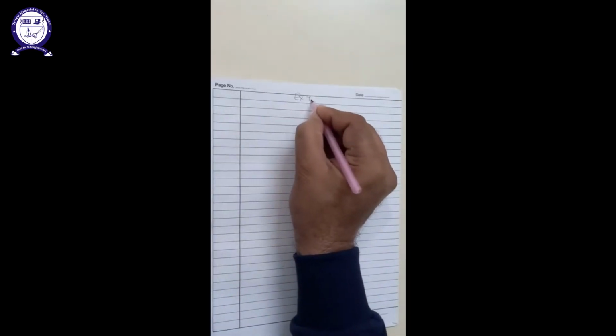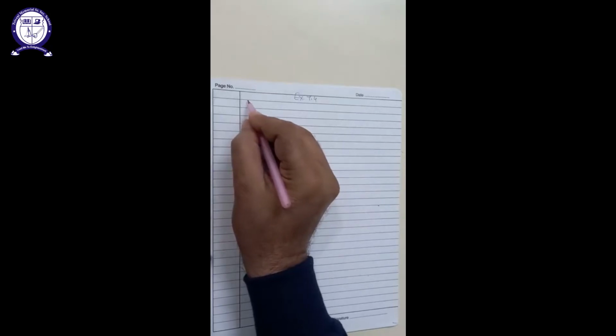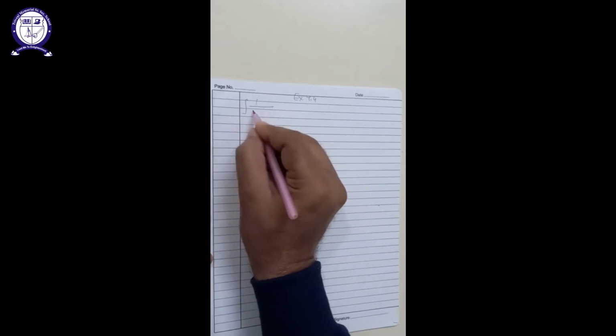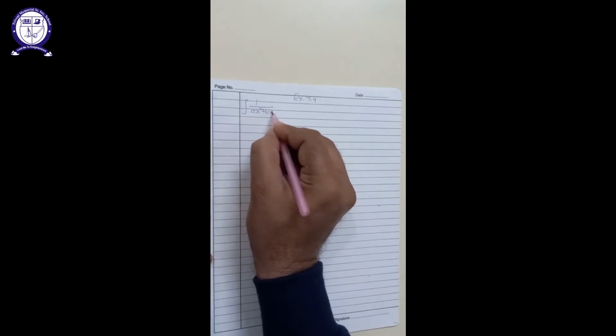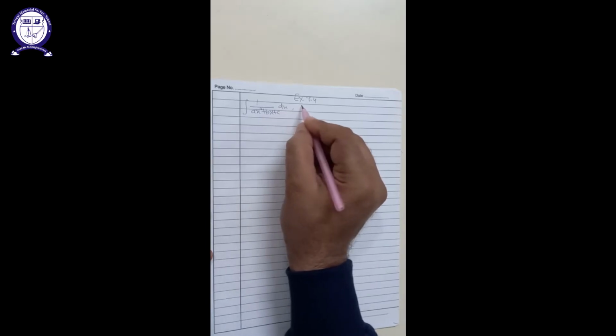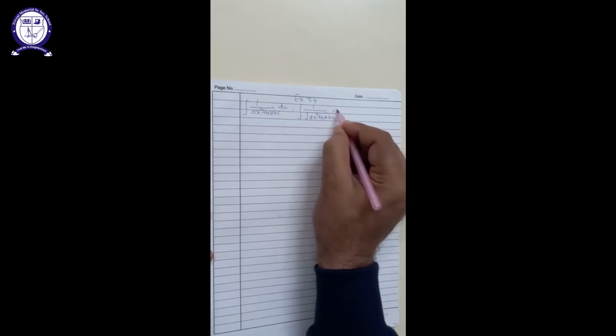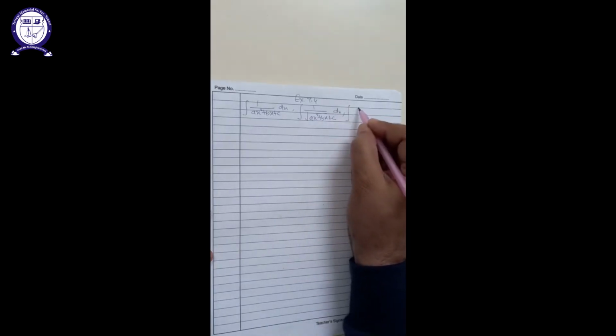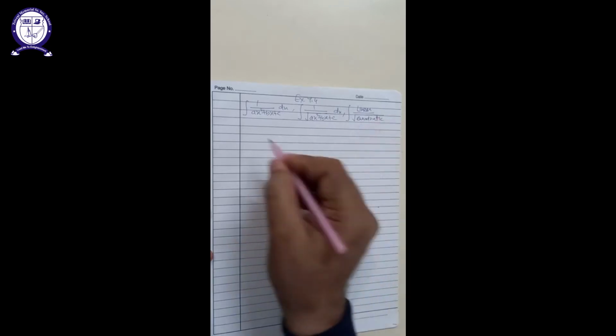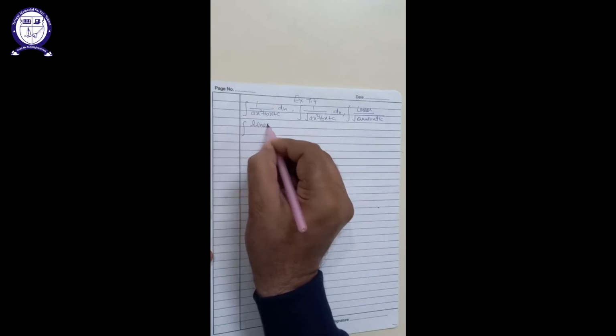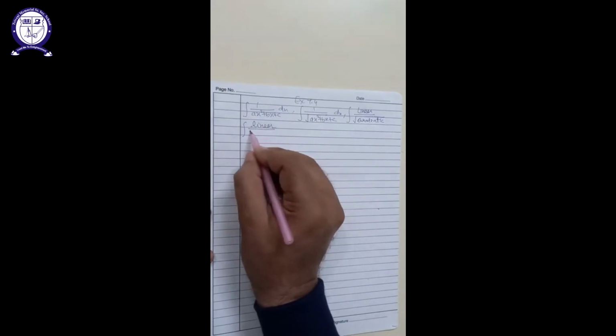In this exercise there are four types: integration of 1 upon quadratic, 1 upon root quadratic, and the third is linear upon root quadratic, and the fourth is linear upon quadratic.